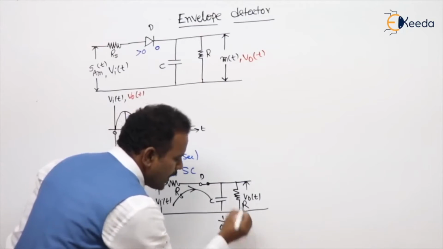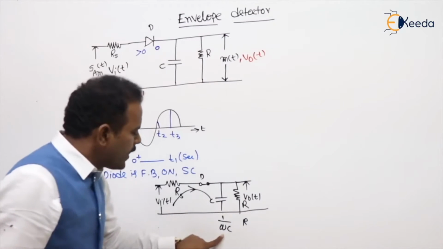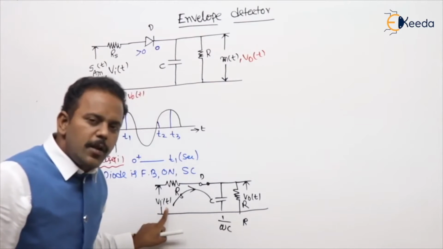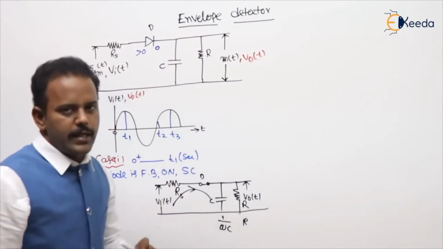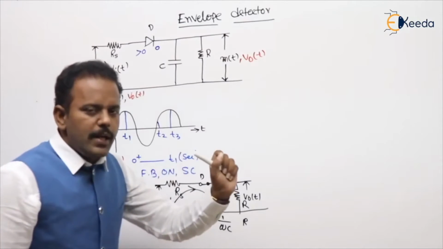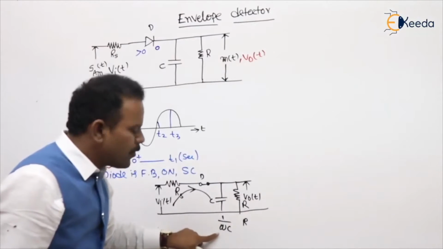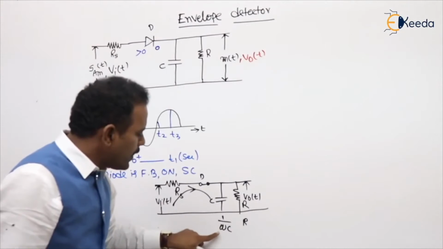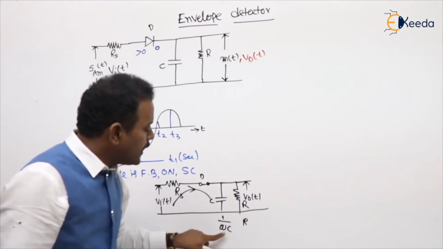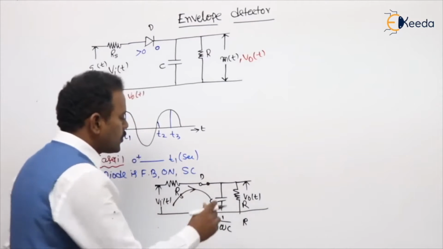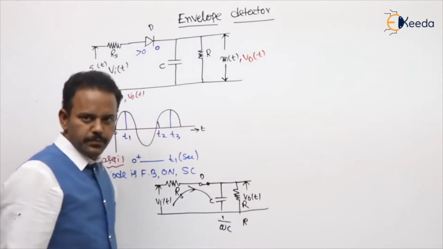Here this value will be R. What is omega? The input signal frequency. What we originally give as input is the amplitude modulated signal. A modulated signal means its frequency is high. Frequency is high means 1 by omega C is low. 1 by omega C is low, so we maintain this value less than R. Less than R means the current will flow through the capacitor only.